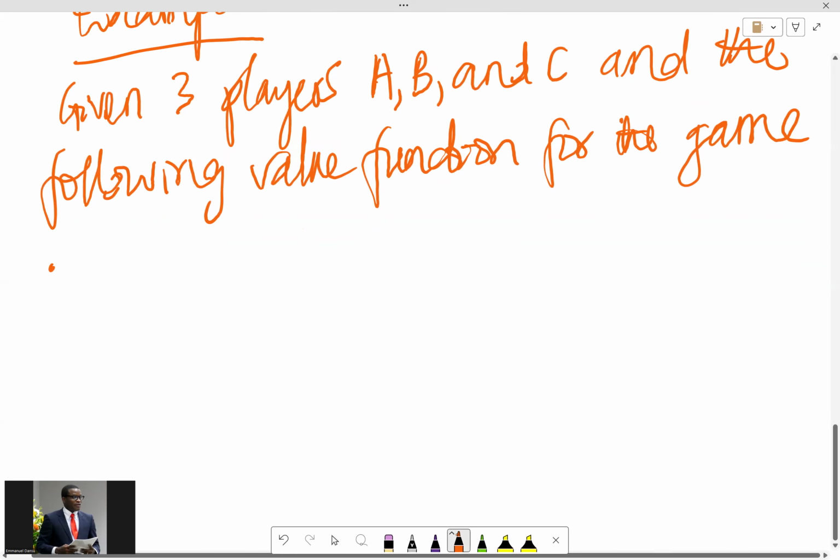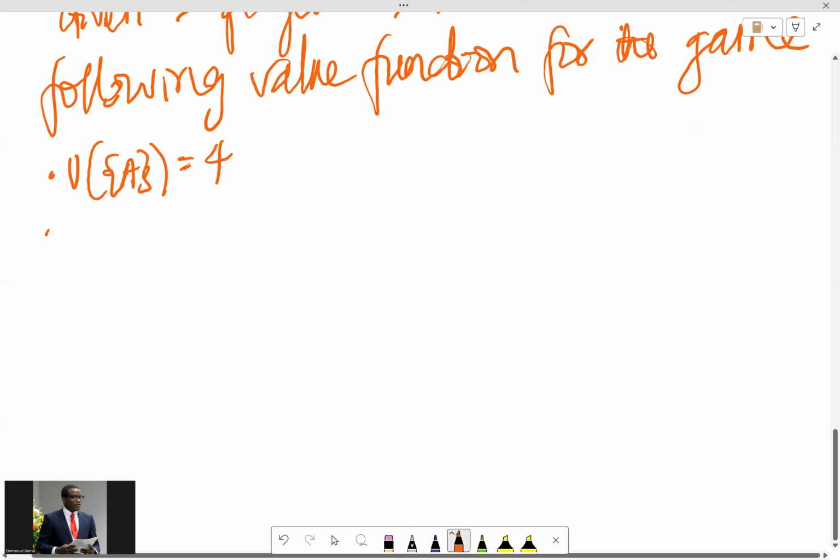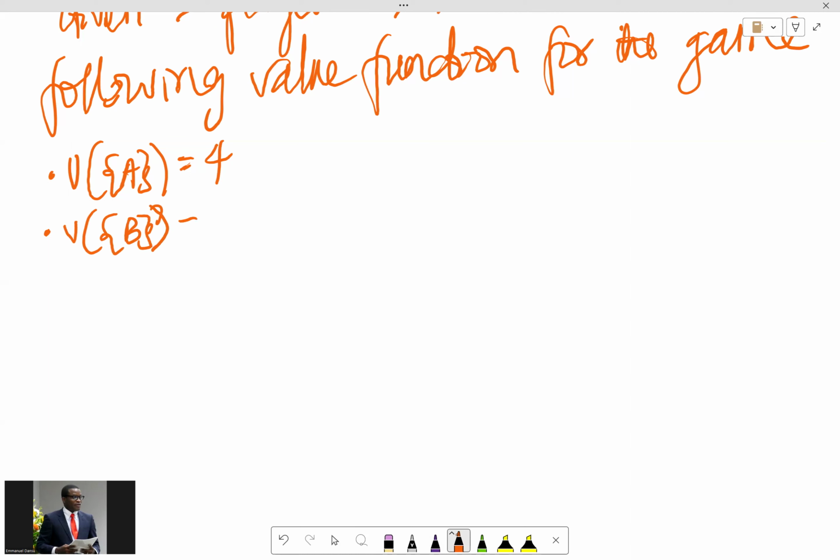First of all, we have the value of A alone, that's 4, whatever that is, maybe $4 million, $4 billion, or 4 billion naira. Then the value of player B alone is 5, and the value of player C alone is 3.